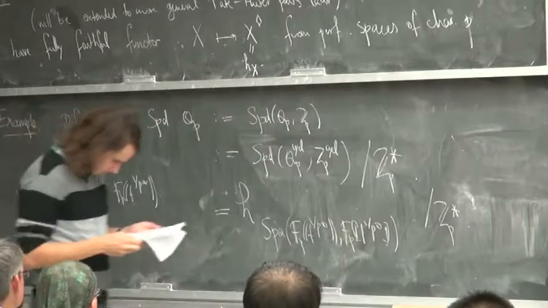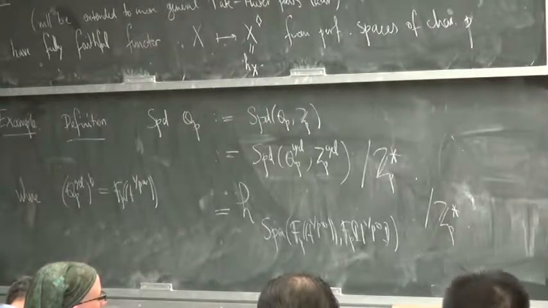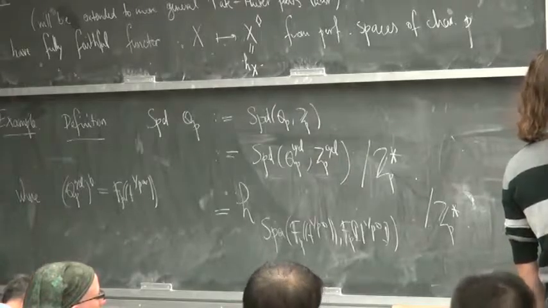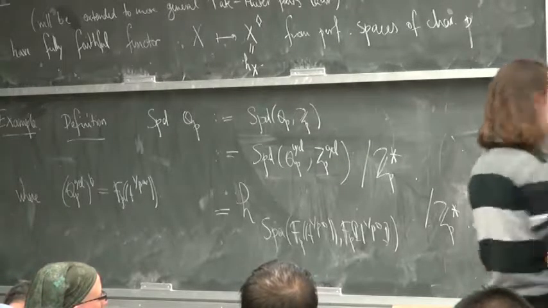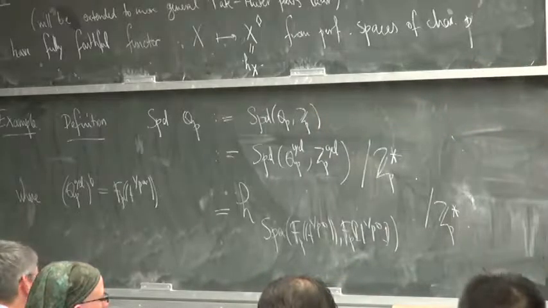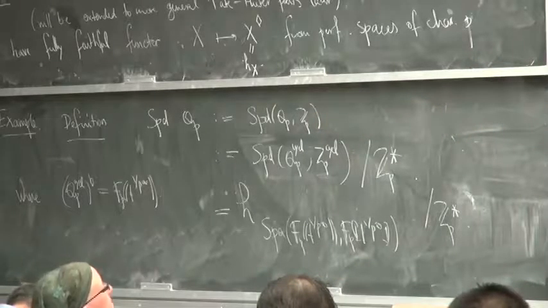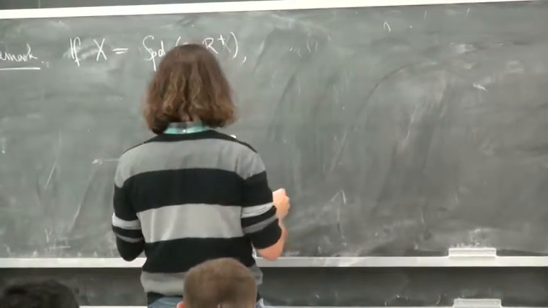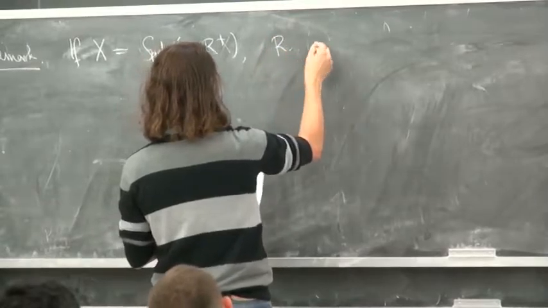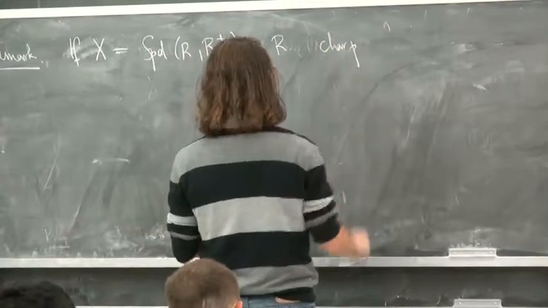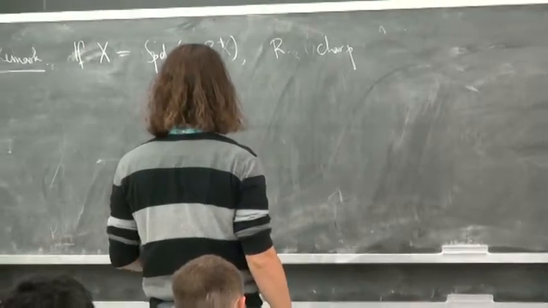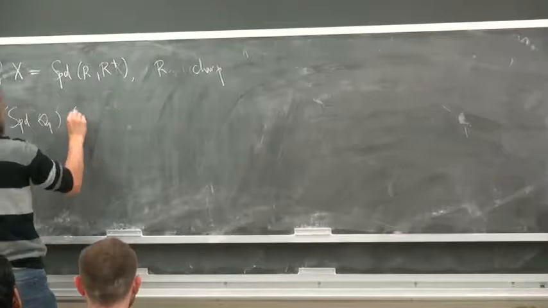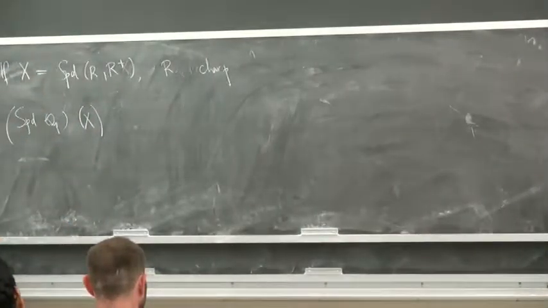So what is a functor actually? Say if X is the Spa of R, R plus, where R is perfectoid of characteristic p, what are the R points, or the X points, of this thing?